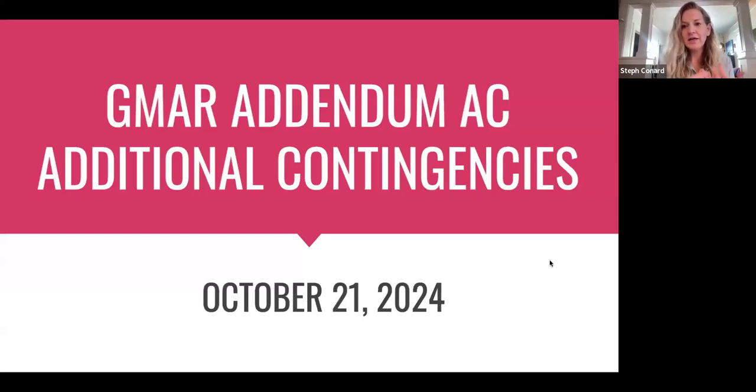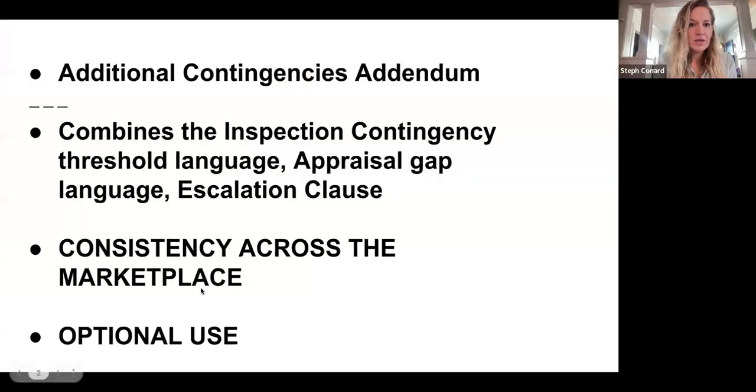So this is, again, an addendum that was adopted by the GMAR to expand upon those contingencies and is a tool to use in competitive offer writing. What its goal initially was, was to combine and create consistency across the marketplace.